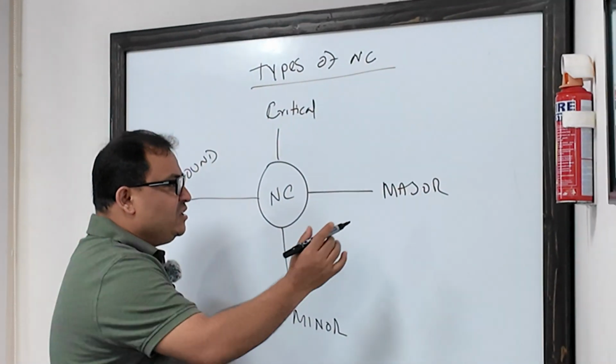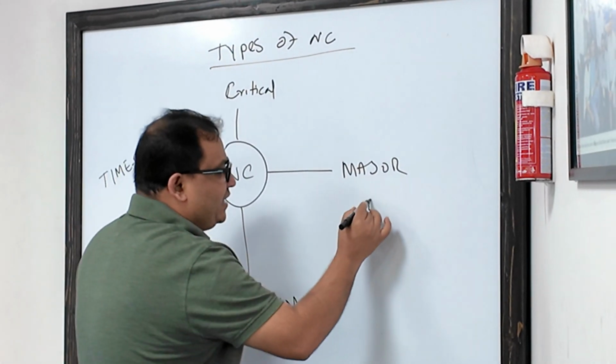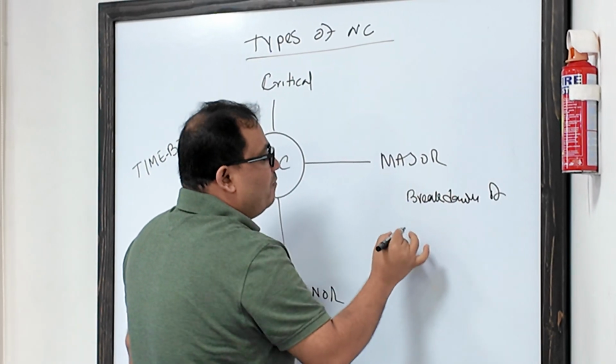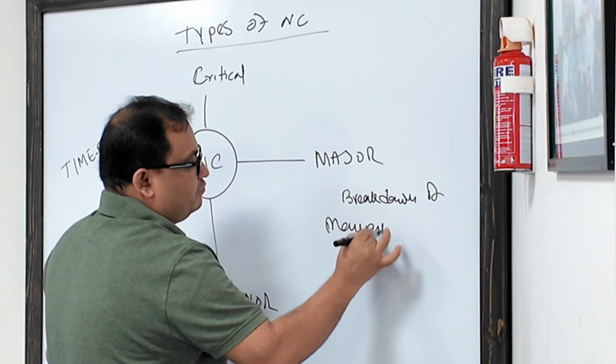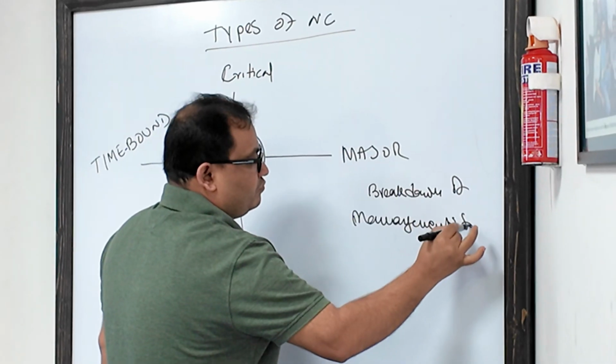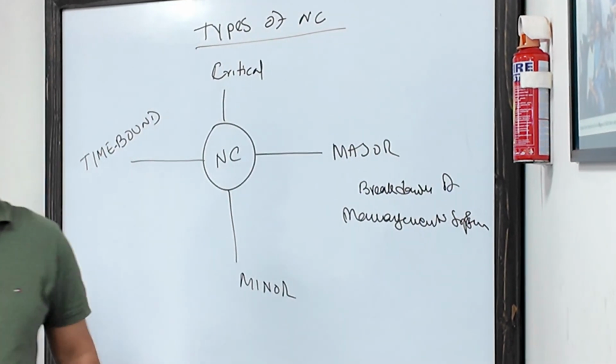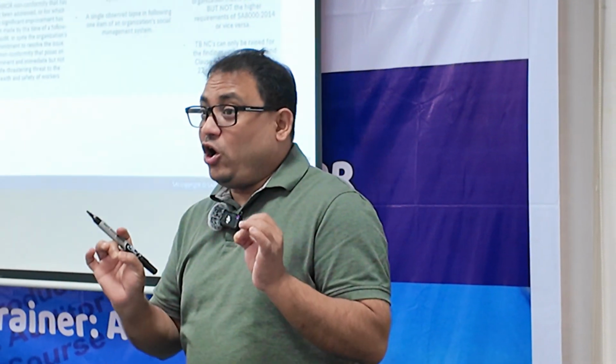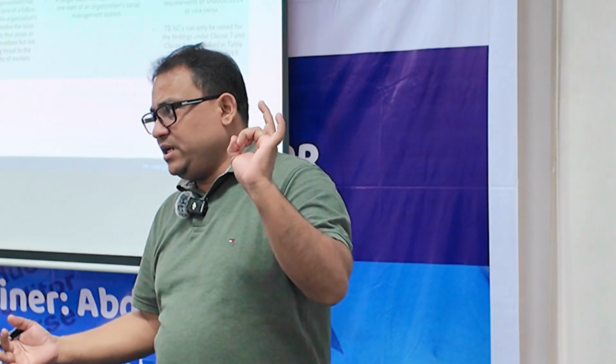If we talk about major now, major nonconformity is the breakdown of the management system. If any specific requirement of the standard is completely absent, completely missed out in implementation, then it is major.